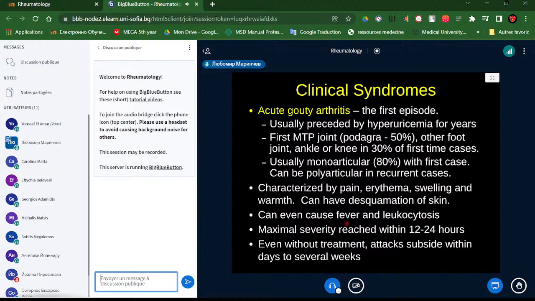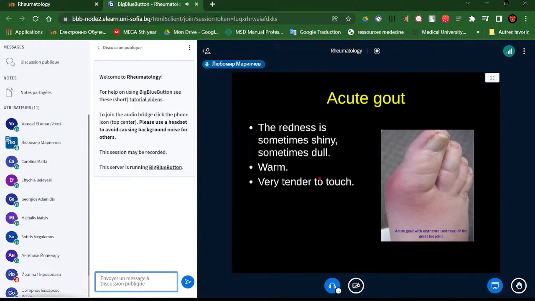There can be fever or leukocytosis, and maximal severity is reached within the first 12 to 24 hours from the beginning of the crisis. Even without treatment, attacks subside within days to several weeks. But most often, your patients will need to be prescribed medication in order to shorten this period of crisis.